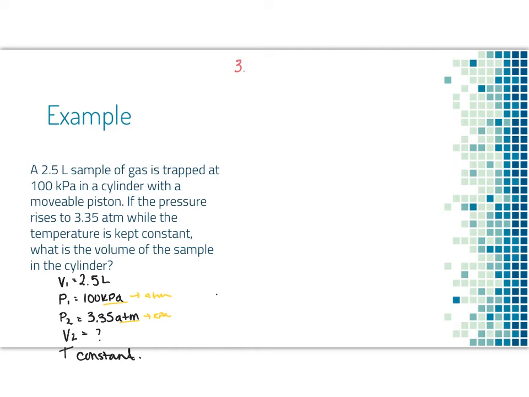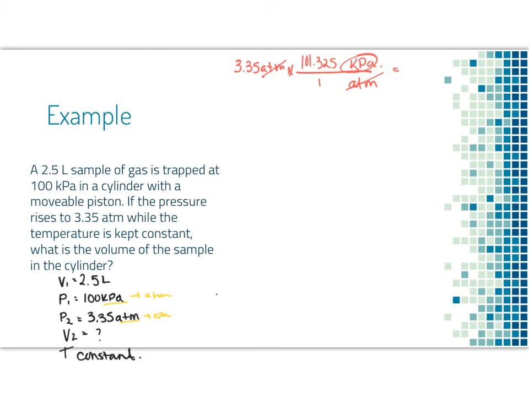So showing our work, we started with 3.35 atmospheres. So we need to cancel the unit of atmospheres and convert to kilopascals. Using our conversion sheet, there are 101.325 kilopascals in 1 atmosphere. Atmospheres units cancel. The only unit left is kPa.